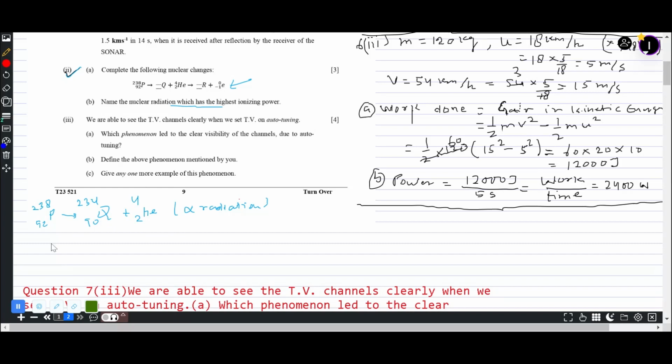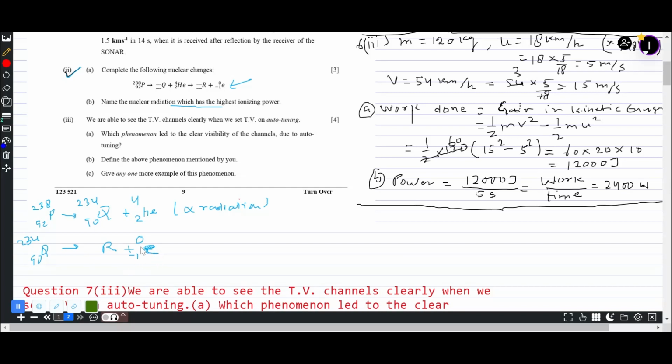So now this 90 Q 234 breaks into R plus 1 electron, which we can say is beta radiation.